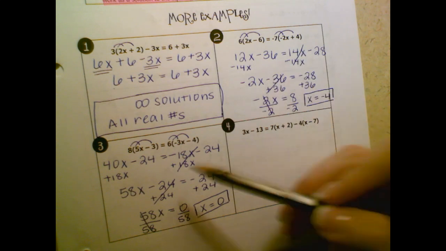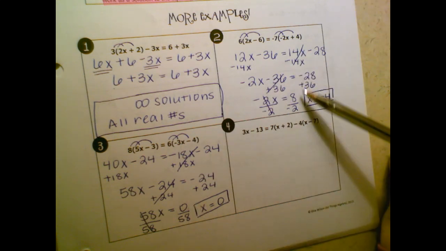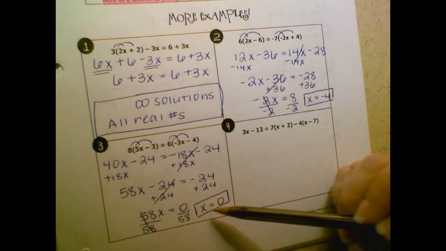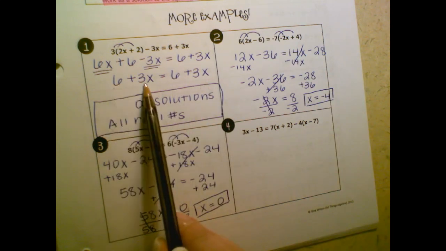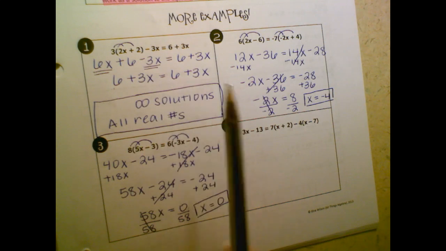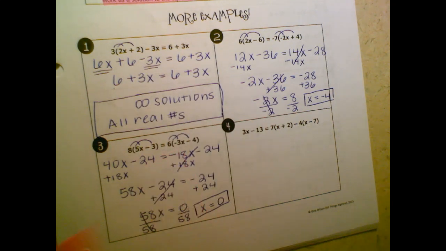Just like number 2 and 3, I want to solve my equation all the way through until I get x by itself, unless I notice that I have the same thing on the right and the left. You can solve number 1 all the way through. You're going to get as your final answer 6 equals 6. Because 6 does equal 6, then I know that I have all real numbers.